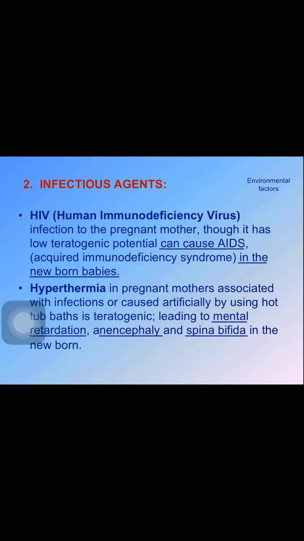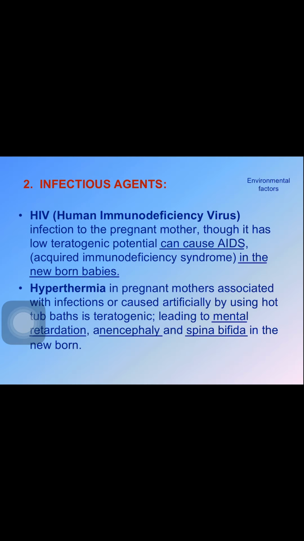Hyperthermia, whether man-induced or induced by some disease, can cause mental retardation, anencephaly, and spina bifida in the newborn babies. So the temperature of the body of the pregnant mother by all means should remain at the optimum level, not very high.